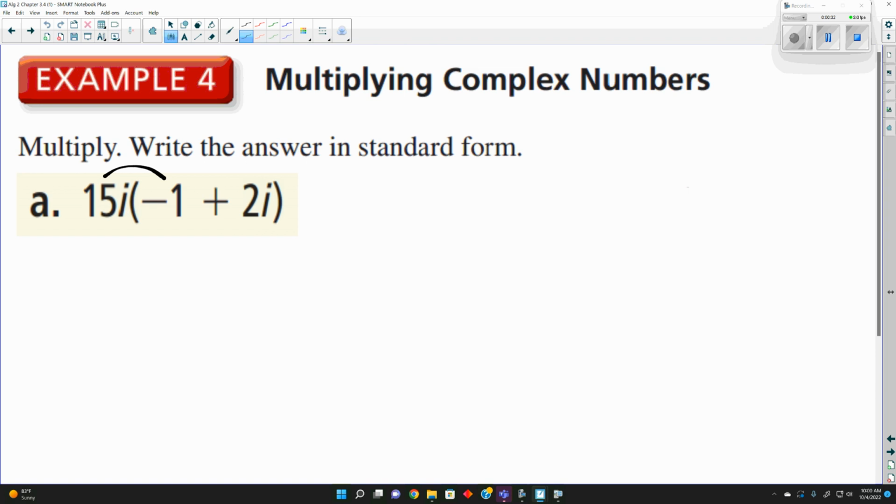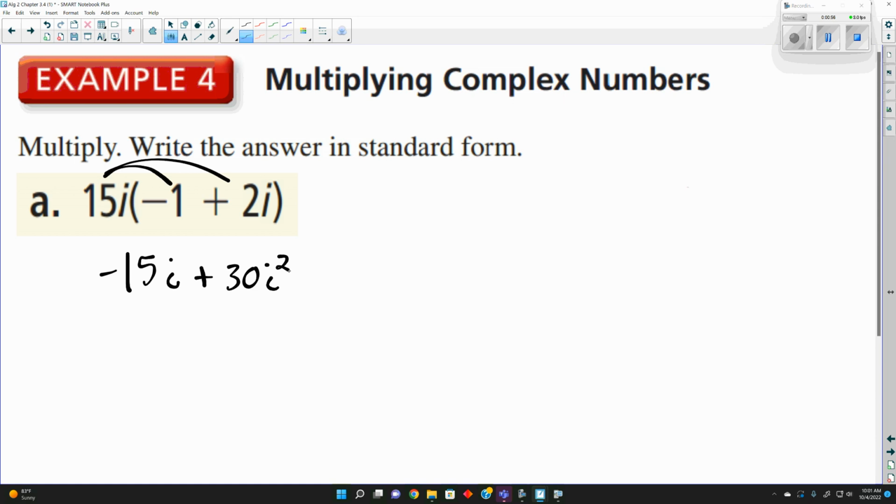Okay, I can go back over it because, again, we're just distributing. We're multiplying through. So 15i minus negative 1 would be negative 15i. 15i times 2i is going to be plus 30i squared. Now, i squared is the same as negative 1, yes?